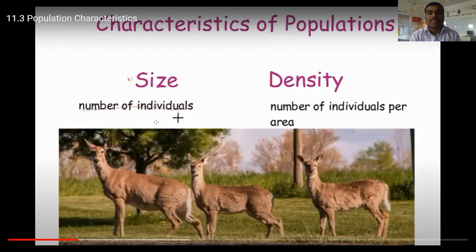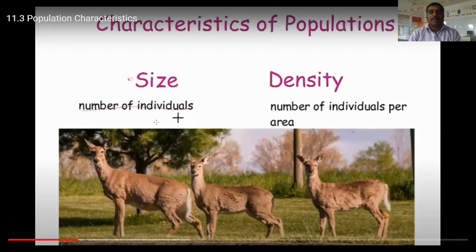Crude density is the number or biomass per unit total space available in that environment or surroundings. Then specific or ecological or economic density is the number or biomass per unit of habitat space, that is the available area or volume that can actually be colonized by the population.